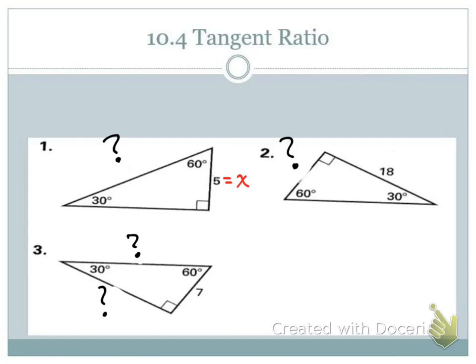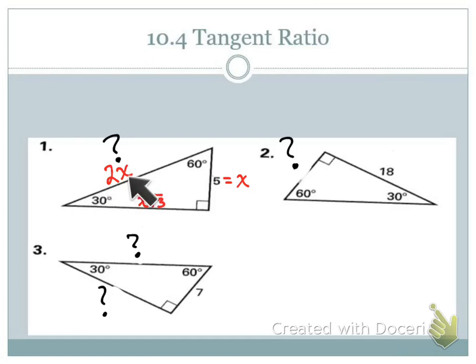X radical 3. The X radical 2 is only for 45, 45, 90 triangles. Okay, and the side across from the 90 is 2X. That's the side that they want us to find.